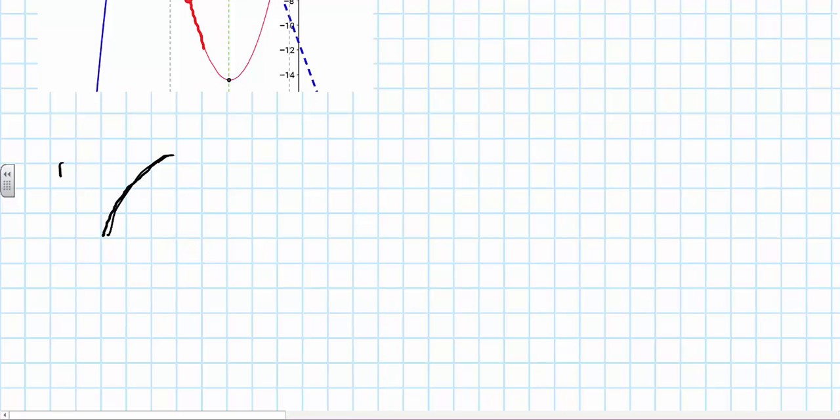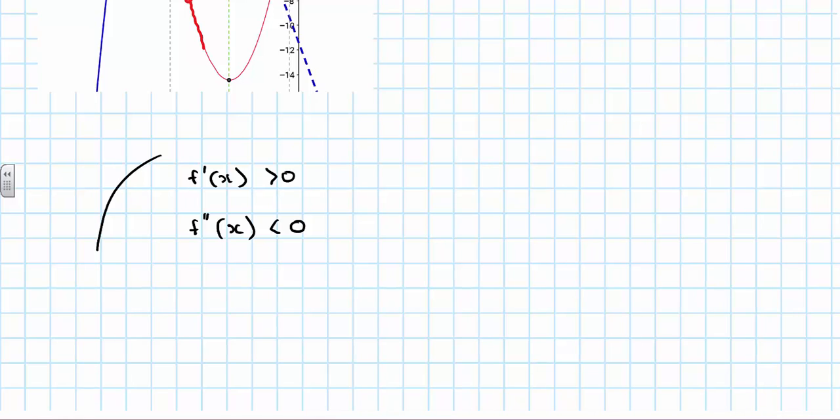So in this case, we know that f dash x is positive. We know that the gradients are positive, but they're getting smaller in size. They're heading towards 0. So the second derivative is negative. Remember, if they're getting smaller, then the second derivative is negative.